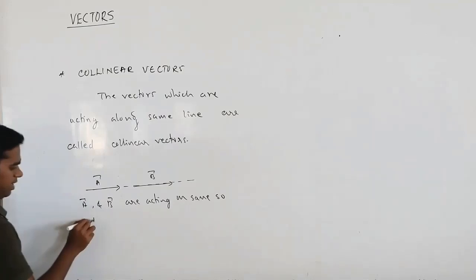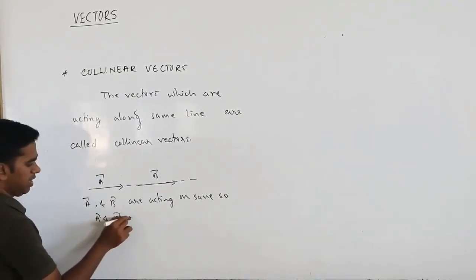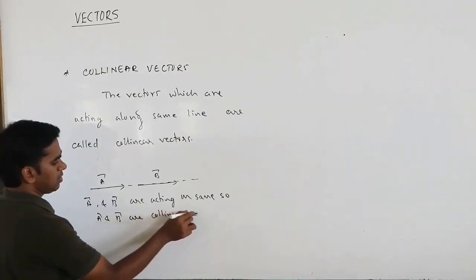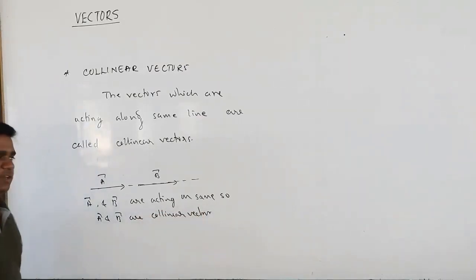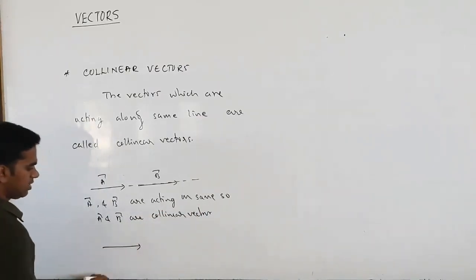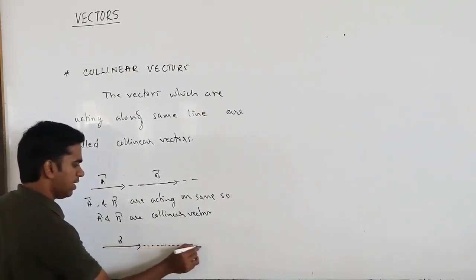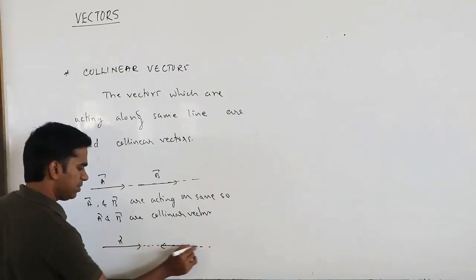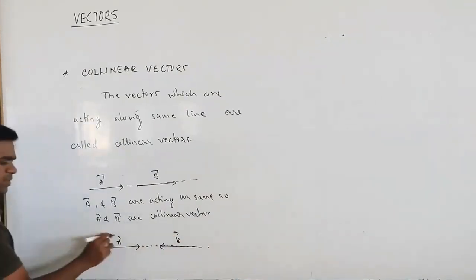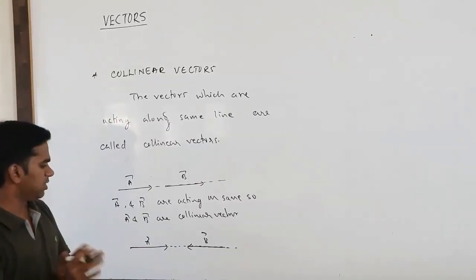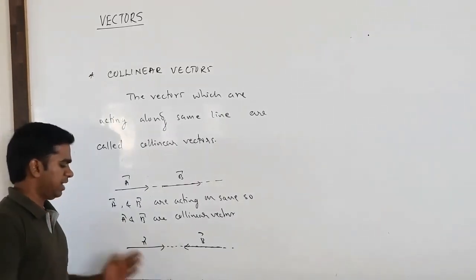So vector A and vector B are collinear vectors. Then you may ask, vector A is acting in this direction, but on the same line, vector B is acting in this direction. Don't think of magnitude, direction.